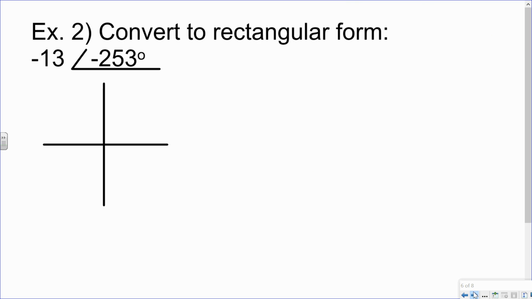Okay, good news. When we convert to rectangular form, how many ways are there to describe with rectangular coordinates that you go across this far and you go up and down this far? Just one, so we're only going to have one answer this way. So that's going to be the good news. So first step is draw the picture. So we get our coordinate plane.